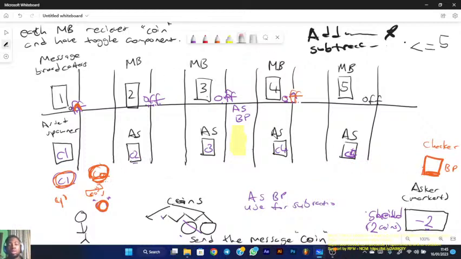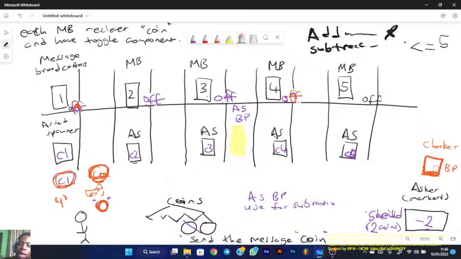So the checker is detected by C0 and sends the message 0, which turns all of this off and turns only this on. Then it continues to move and it finds 1 coin left, that is C1.